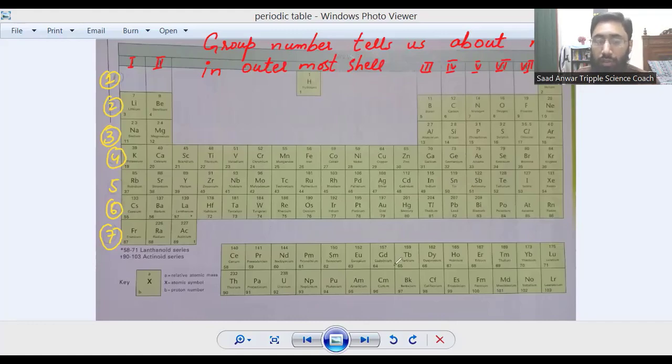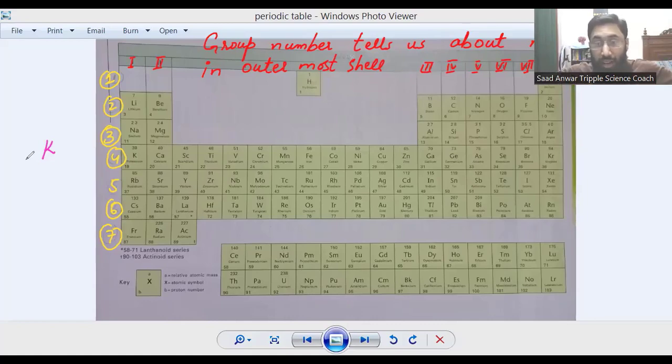For example, for potassium, I don't know how many electrons should be in the outermost shell of potassium. So what I will do, first of all, I will arrange electrons in subshells, then I will put electrons in shells, and in this way I can figure out the number of electrons in the outermost shell for potassium.